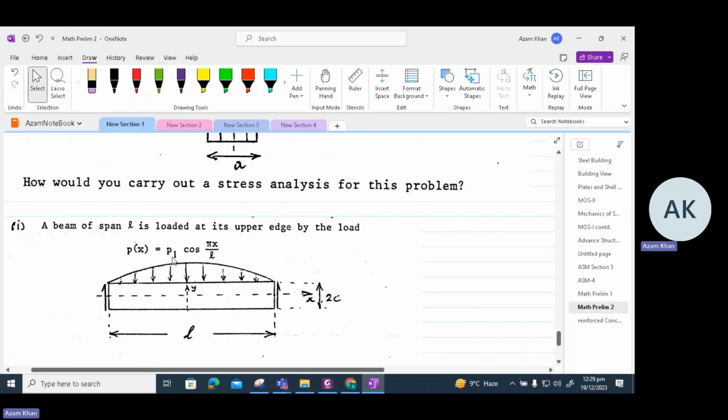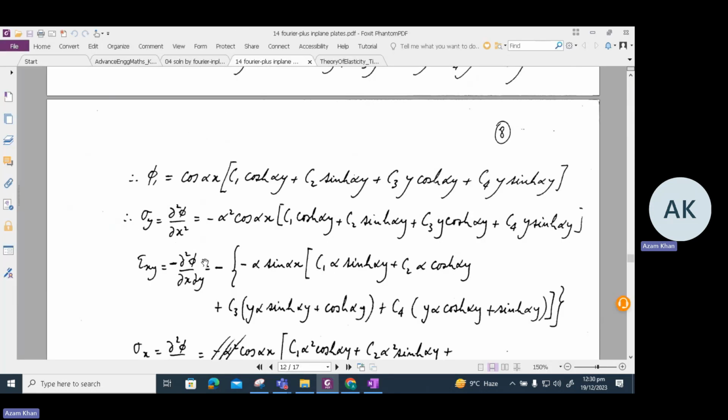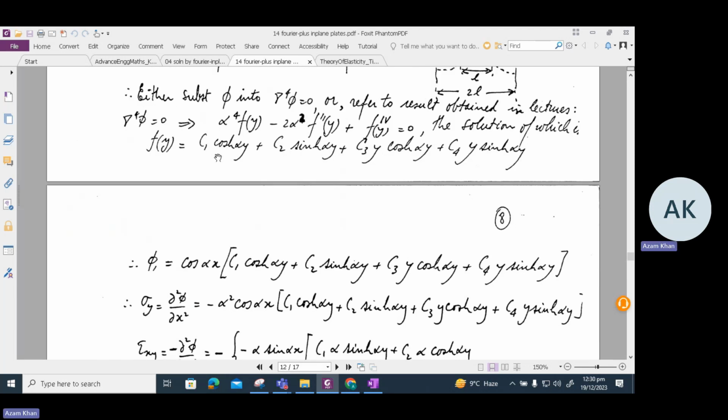So the amplitude is P1 and alpha will be equal to pi by L. The half period will be equal to 0 to L. As we discussed, we can have f of y worked out in terms of cosine and sine hyperbolic trigonometric functions.